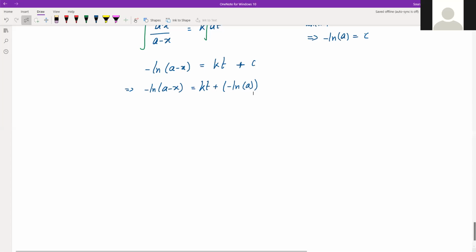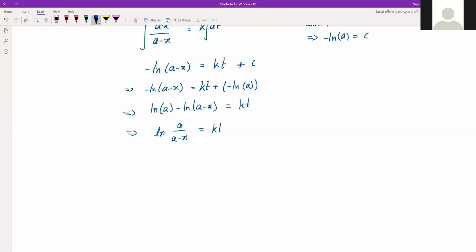Now obviously this can be simplified again. If I bring the log term from the right hand side to the left hand side, I'll have ln a minus ln(a minus x) is equal to kt. So this says that ln of a by (a minus x) is equal to kt, right?